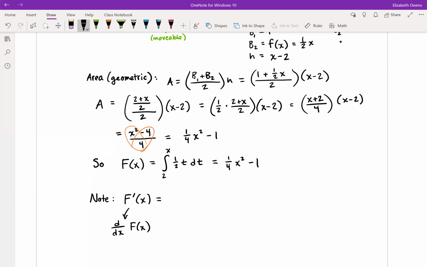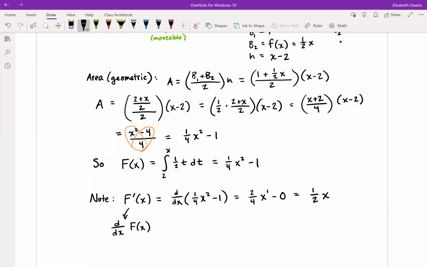That would be the derivative of 1/4 x squared minus 1. And so that would give us 2 over 4 x to the first minus 0. We know our power rule by now, and so that would be 1/2 x.